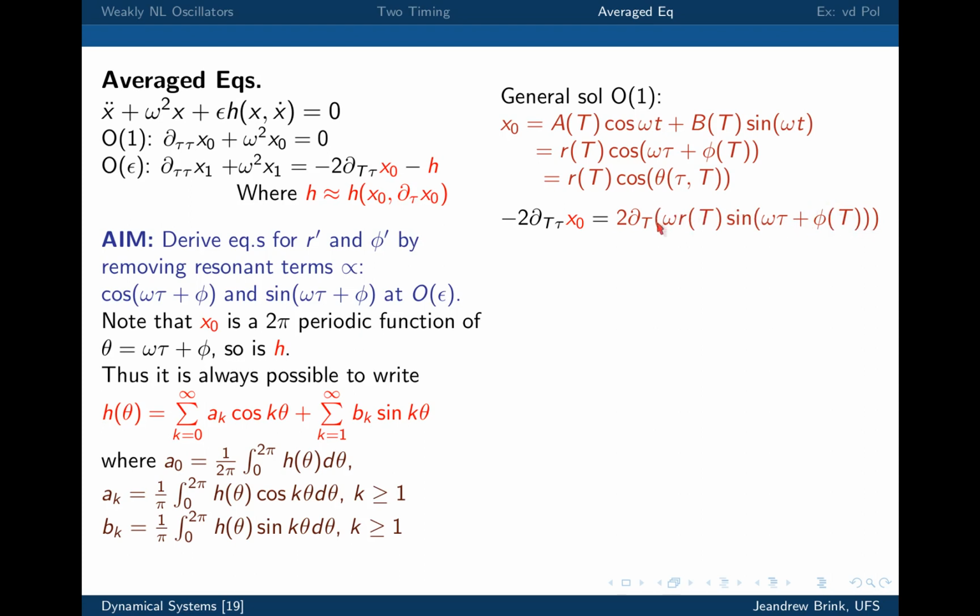And now we want to take d/dT of the big beast and we apply the product rule. So what we get is d/dT applied to r. So this is just 2 omega times r prime sine of omega tau plus phi, plus 2 omega r times the big T derivative of this thing. So we have cos of omega tau plus phi multiplied by phi prime.